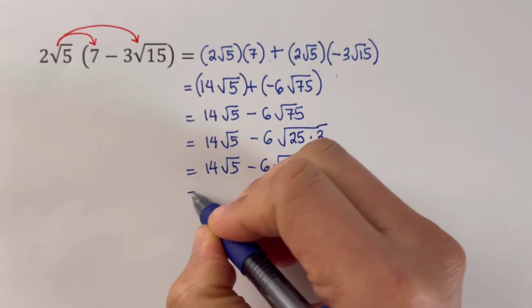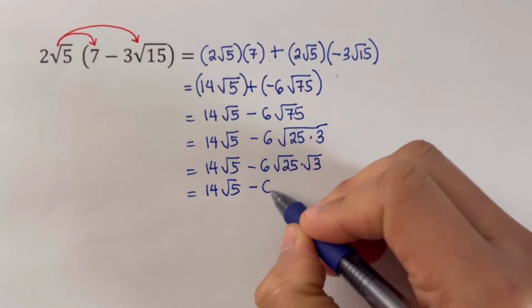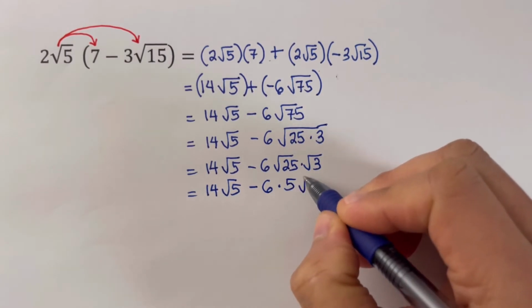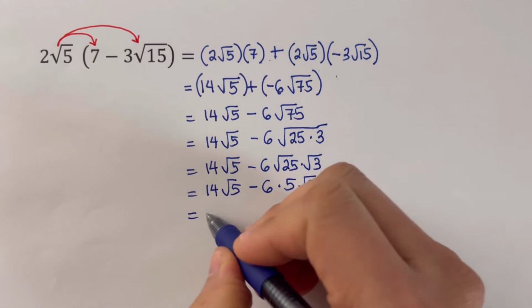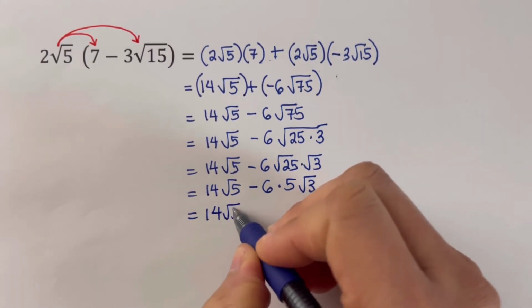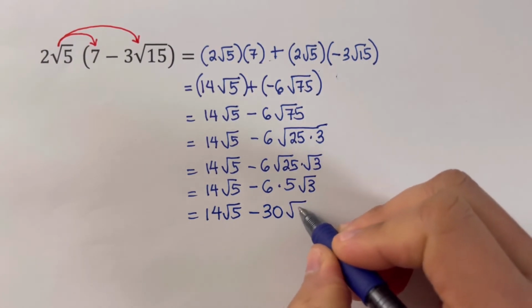And so 14 square root of 5 minus 6 times 5 square root of 3. So then we go ahead and multiply these two together. So that's 14 square root of 5 minus 30 square root of 3.